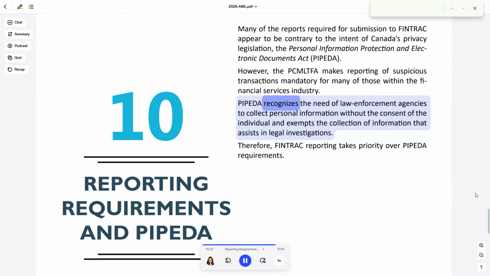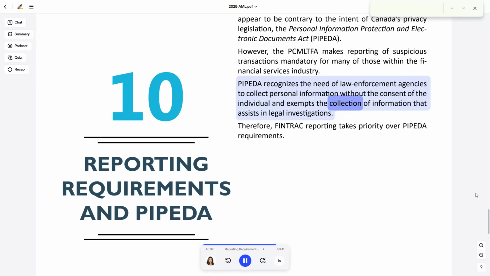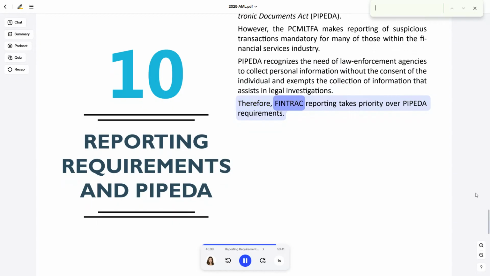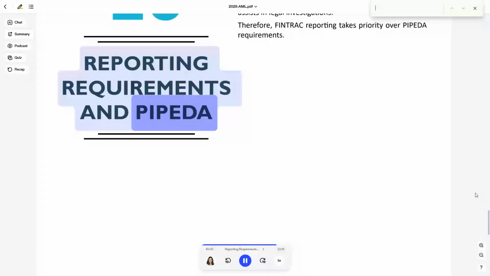PIPEDA recognizes the need of law enforcement agencies to collect personal information without the consent of the individual and exempts the collection of information that assists in legal investigations. Therefore, FINTRAC reporting requirements take priority over PIPEDA.